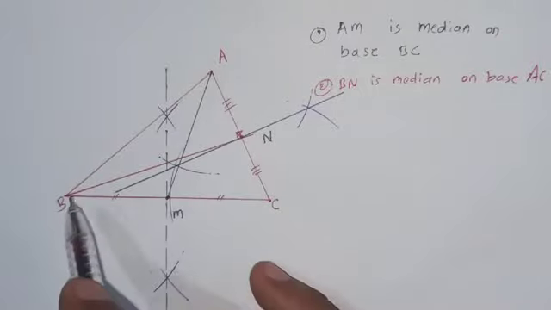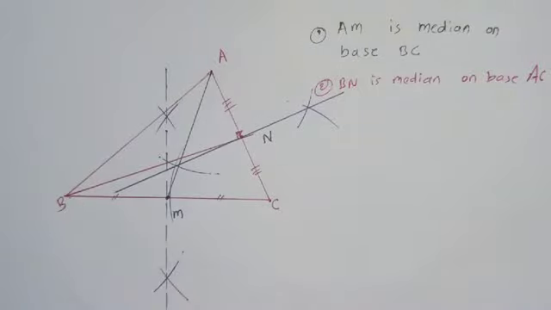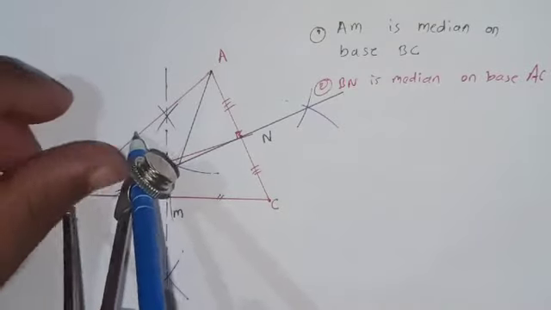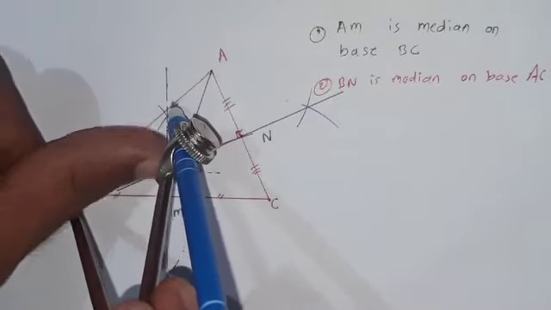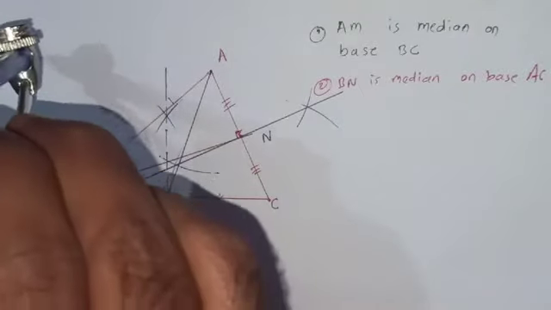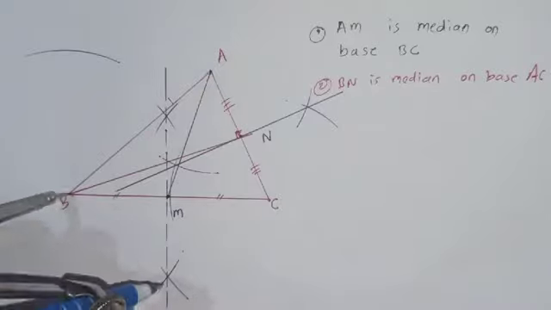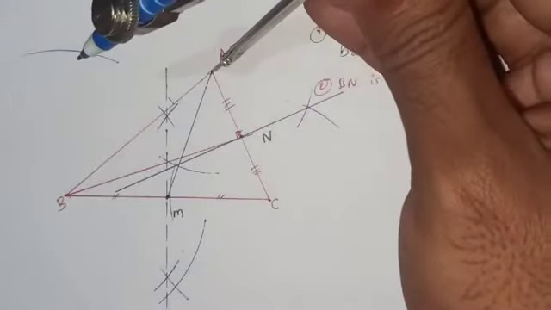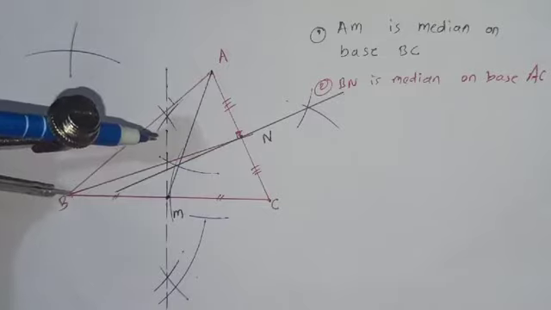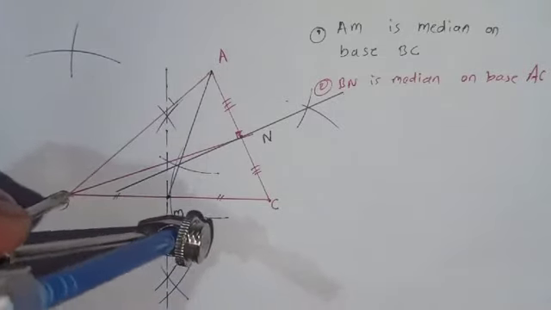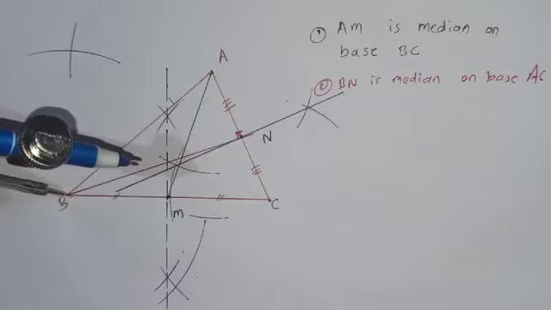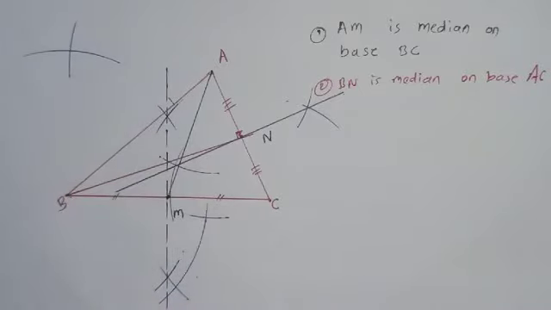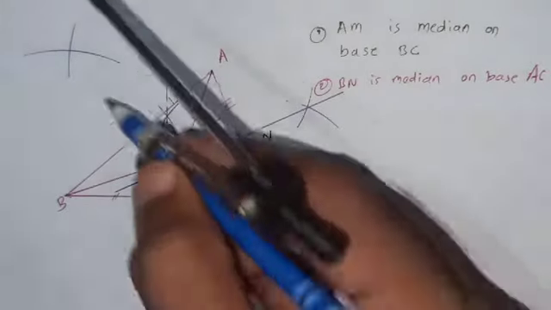Now the third, on base AB. Again we have to take the compass, take more than half, and draw arcs here and here from point A. Then again from point B, we have got these 2 points.